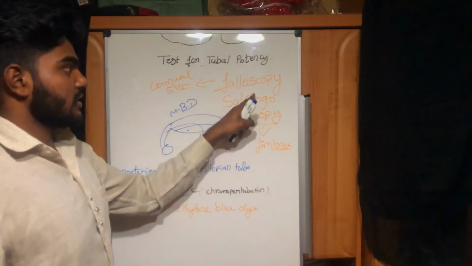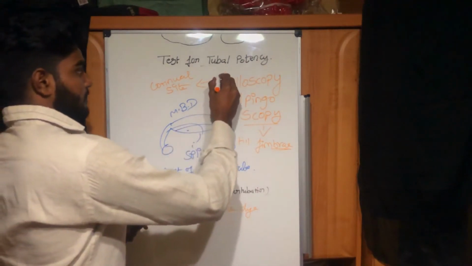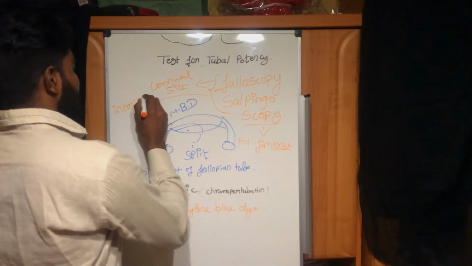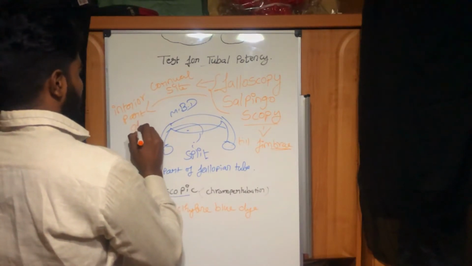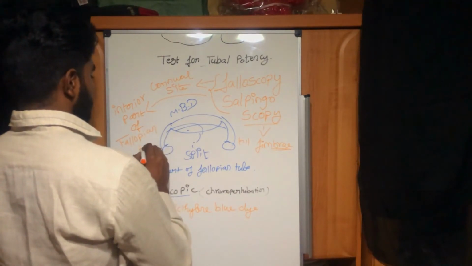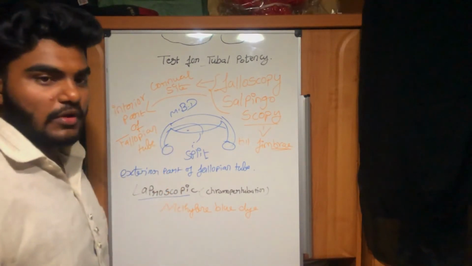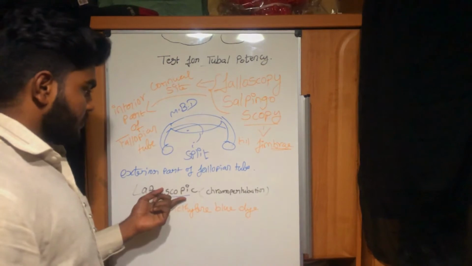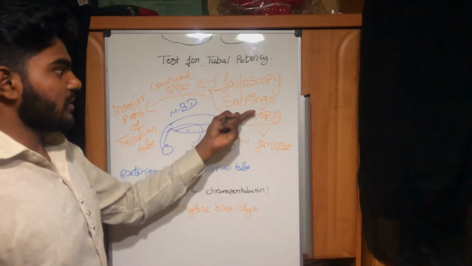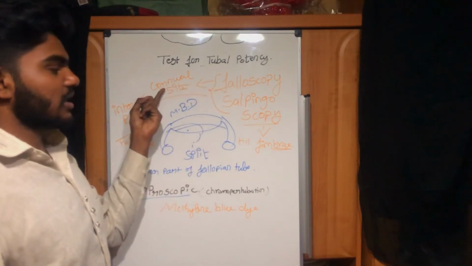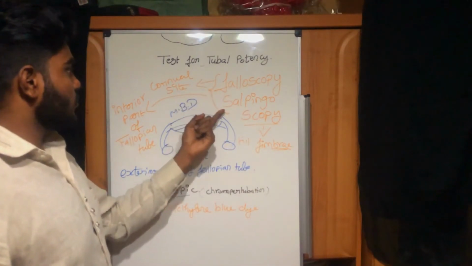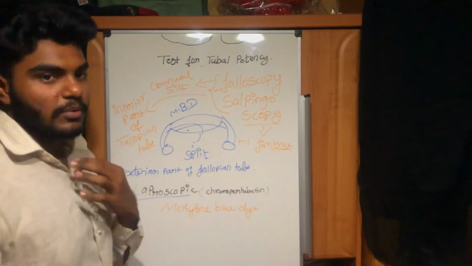So these two methods help to see the interior part of the fallopian tube. The laparoscopic method helps to see the exterior part of the fallopian tube. Falloscopy you can see till the cornual site, and with salpingoscopy you can see till the fimbriae. Both these methods help to see the interior part of the fallopian tube.